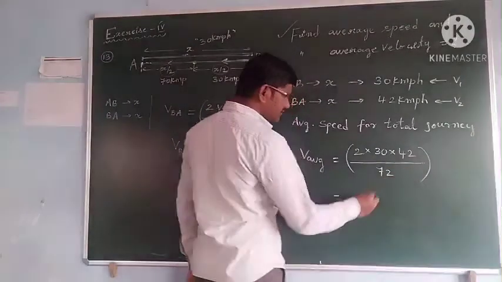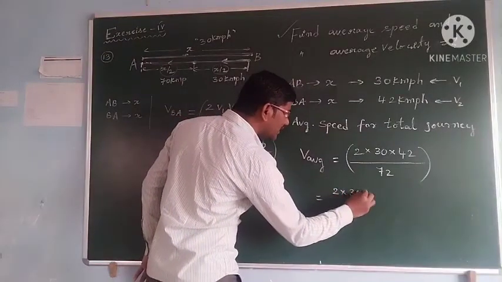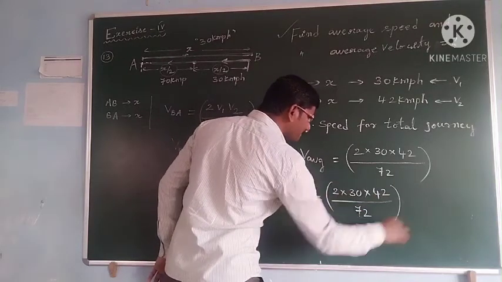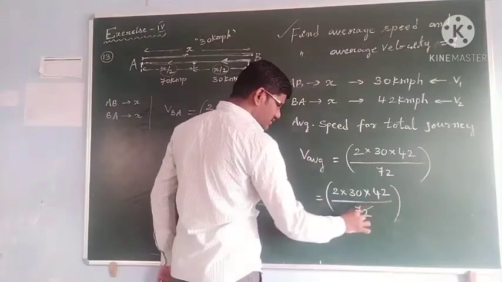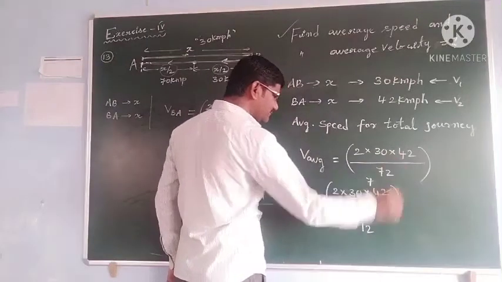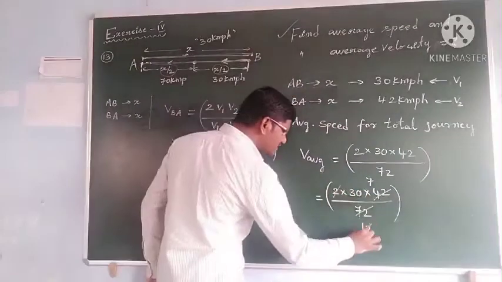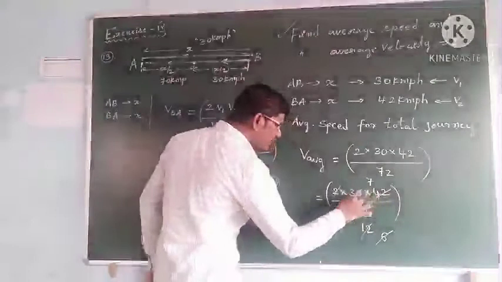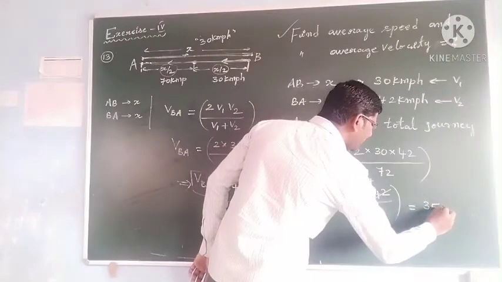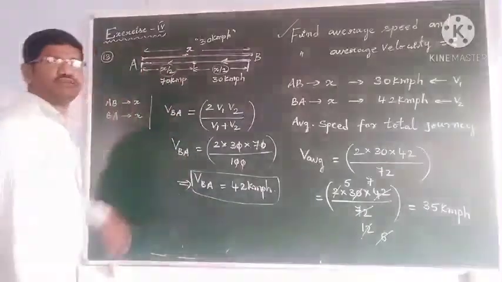What do we have? 2 into 30 into 42 by 72. 6 12s are 72 and 6 7s are 42, so with 6 it is cancelled. Again 2 6s are 12 and 6 5s are 30. Then 5 into 7 is 35 kmph, the average speed for the given problem.